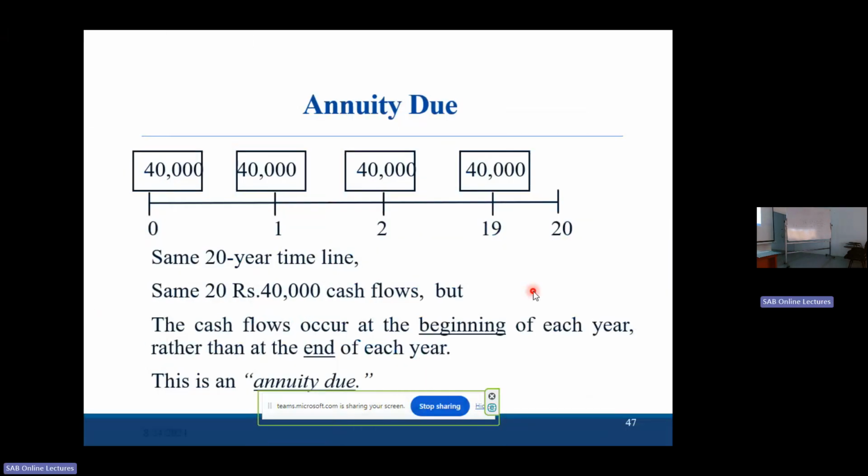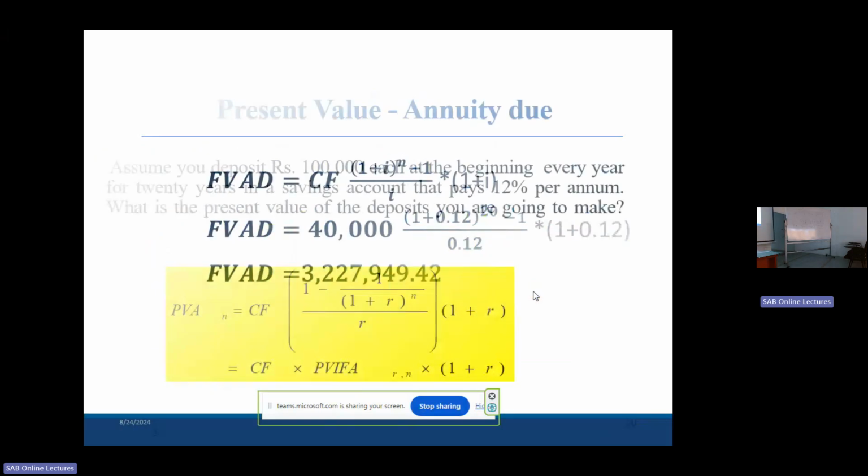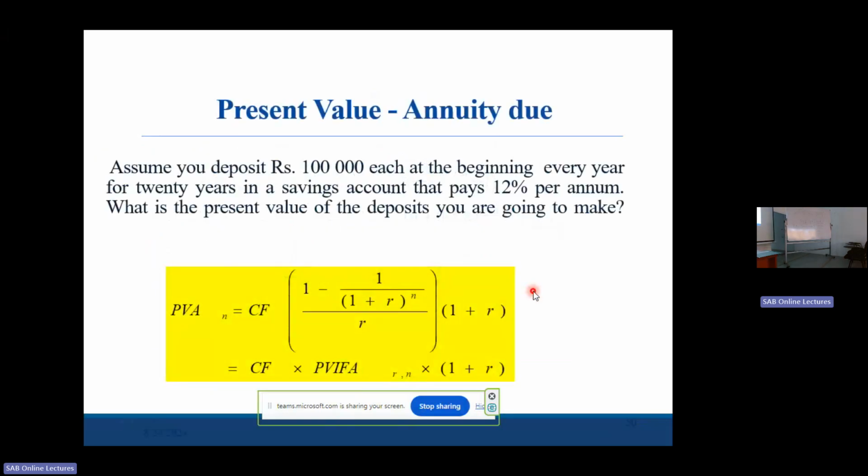Now we will discuss the present value of the annuity due also. Like earlier, now suppose there are these two annuities.